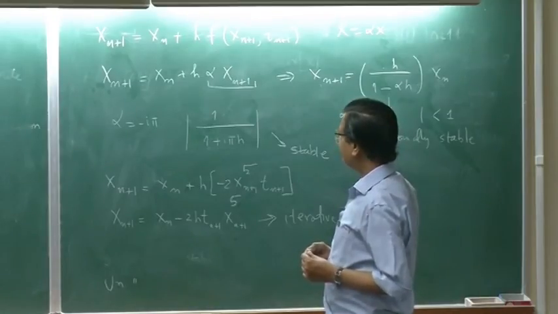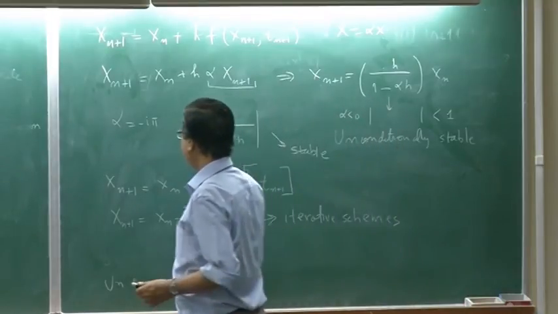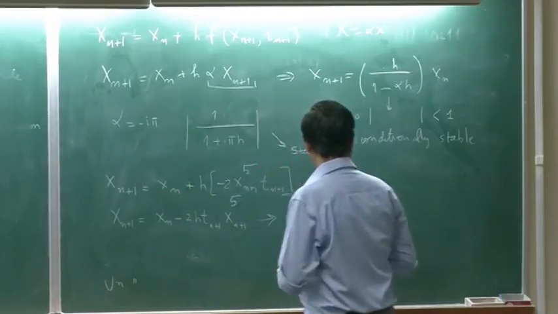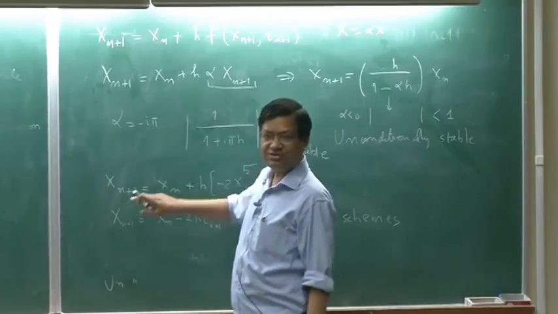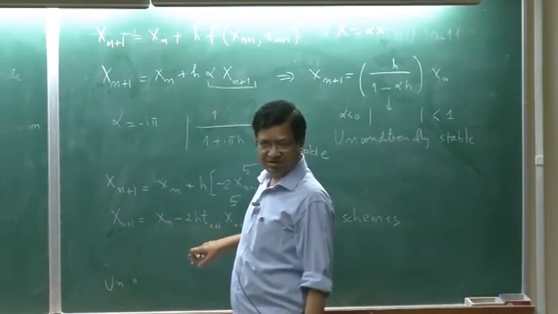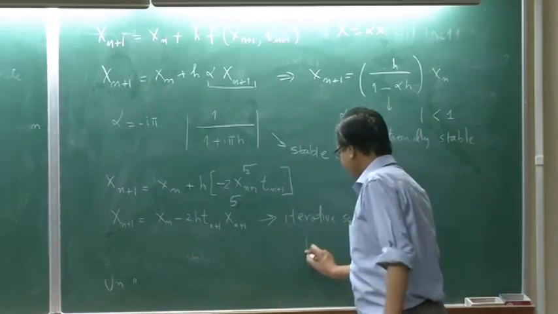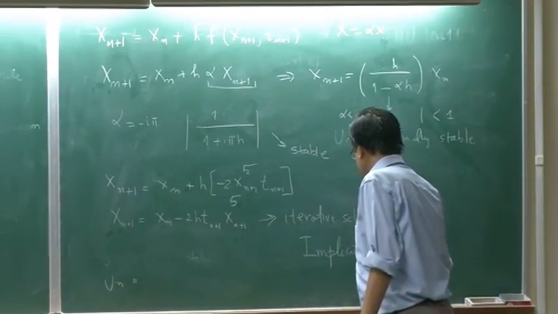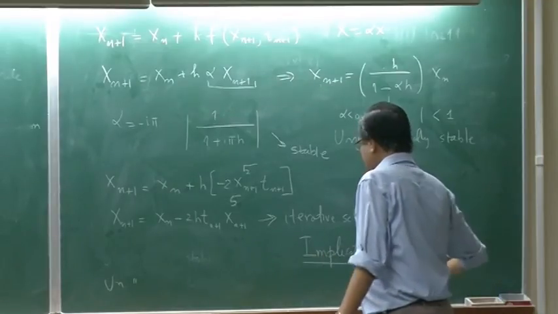Actually, let me just mention one more thing, then I will stop. You see the advantage: these are called implicit schemes. Let me just write this word. My solution is in terms of the solution itself. It's like an integral equation in quantum mechanics. So these are called implicit schemes, and the other schemes are called explicit schemes.